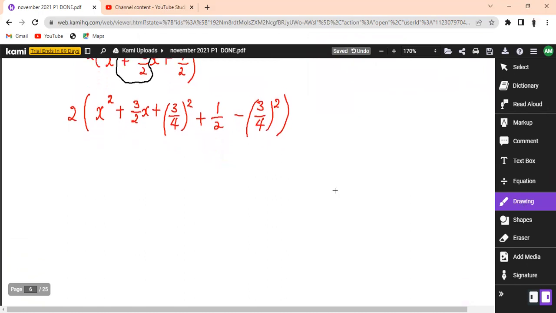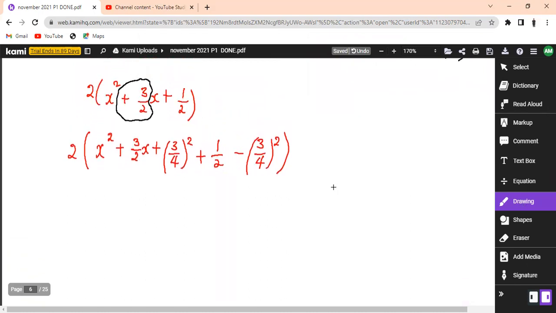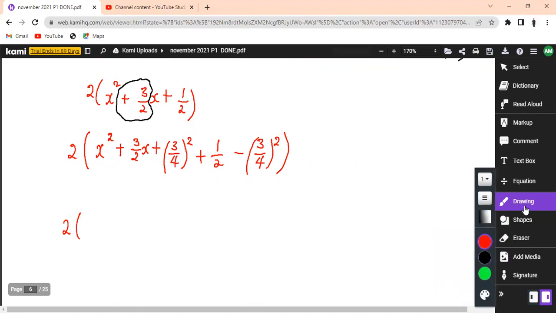Simplifying this further, we are going to be left with something of this nature. If we factorize here, we are maintaining this part, guys, from x squared up to this part here.